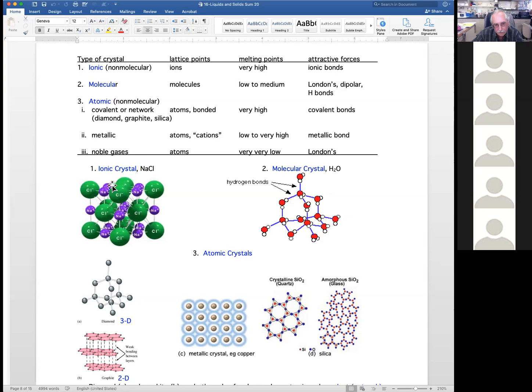What am I driving around? I'm driving around ions. So the lattice points are ions. That's why it's called an ionic crystal. Then the melting points are going to be very high because the attractive forces are ionic bonds.